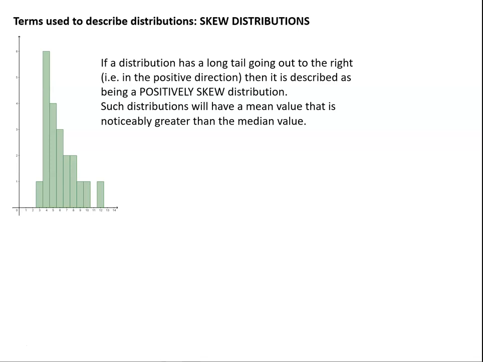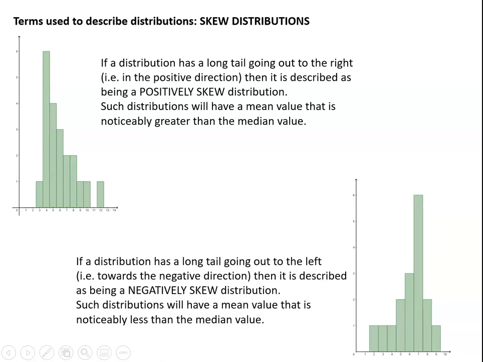Similarly, if we have a long tail going out to the left of a distribution, in other words in the negative direction, then it is described as being a negatively skewed distribution. And in such distributions, the mean value is going to be considerably less than the median value.